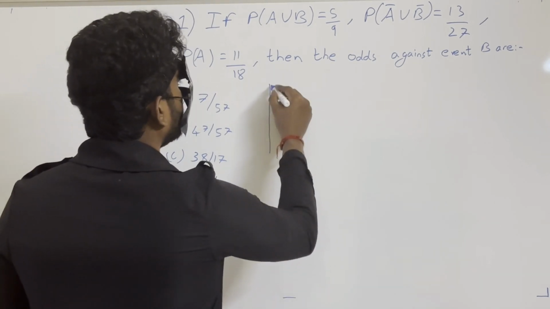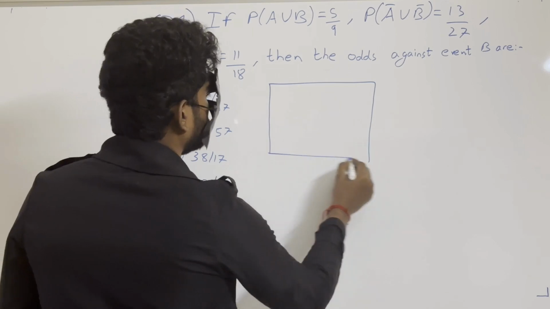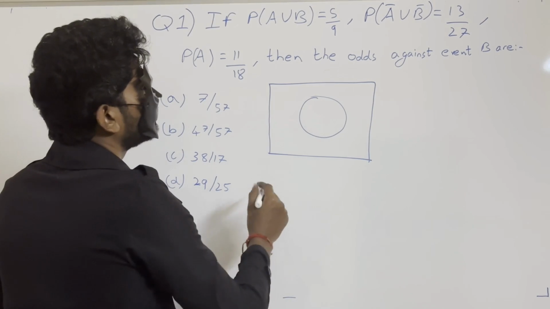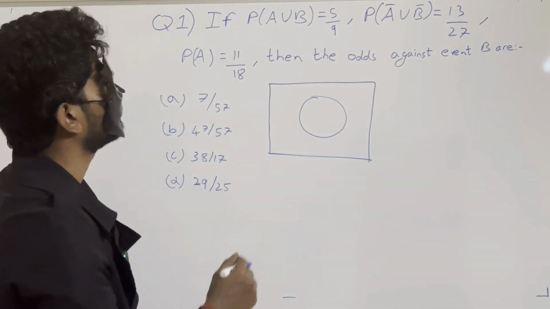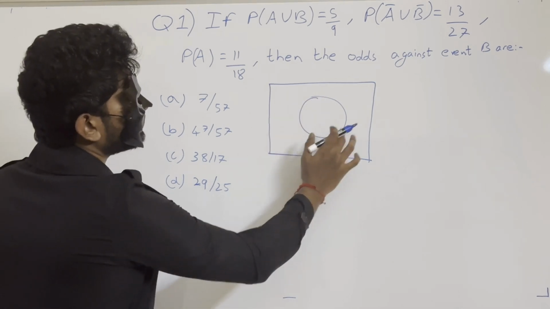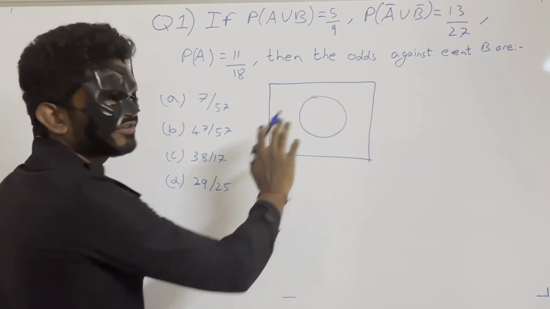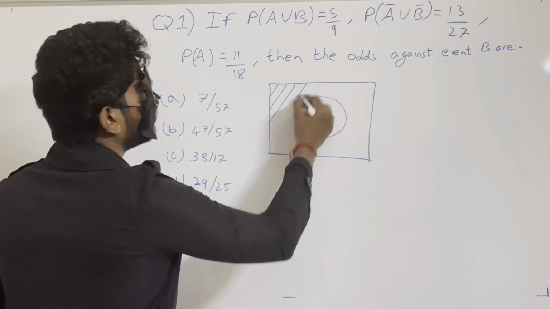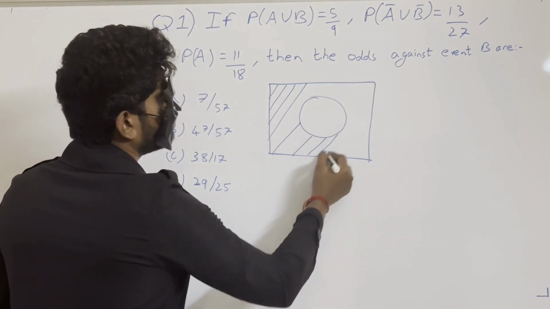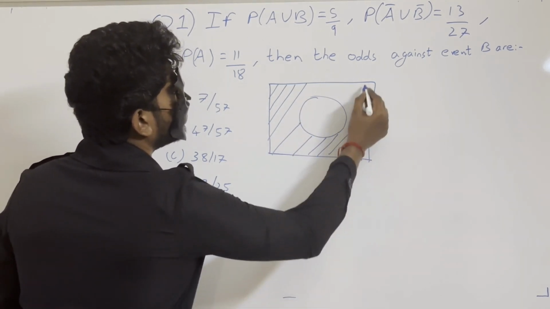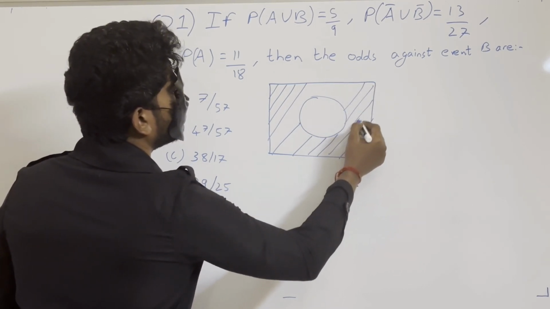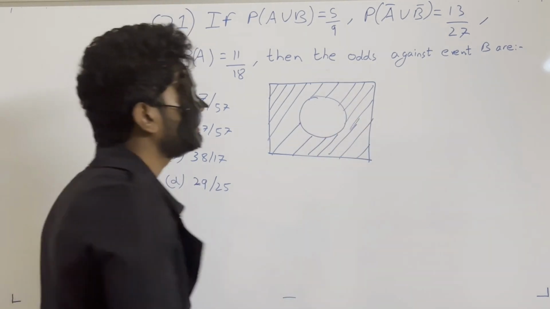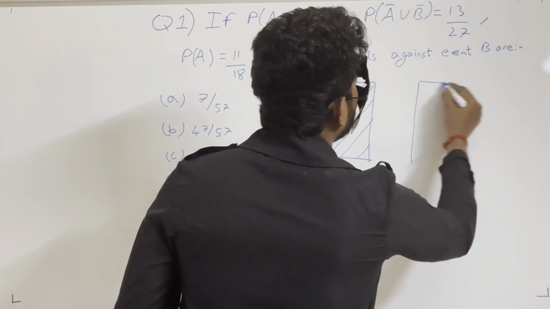Suppose we take here the circle denotes some event A. So what is P of A naught? P of A naught is everything other than the circle, because this circle denotes P of A. And similarly, let us denote B with some dotted lines.